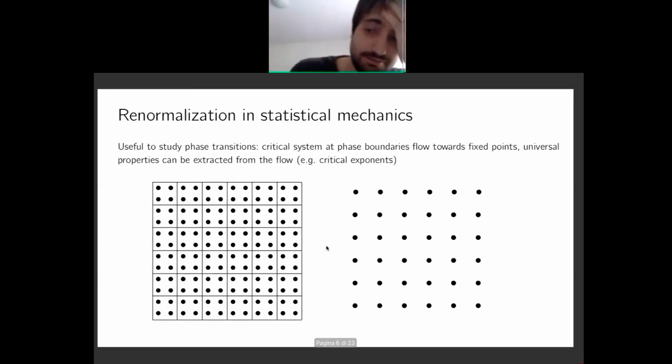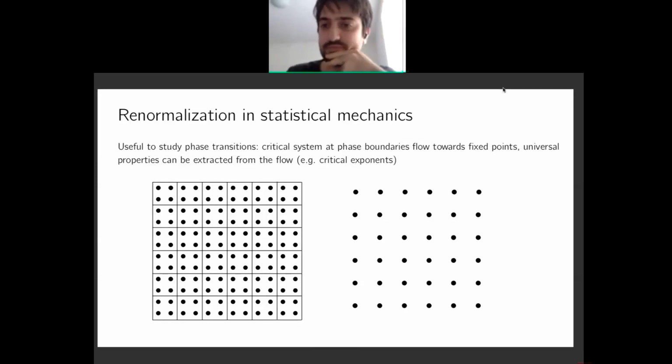Very briefly, why do we do this? Because it's useful to study phase transitions. We know that critical systems at phase boundaries flow towards some fixed points, and away from criticality, the system will flow towards other unstable fixed points. And there are universal properties that can be extracted from the flow, for example, critical exponents.